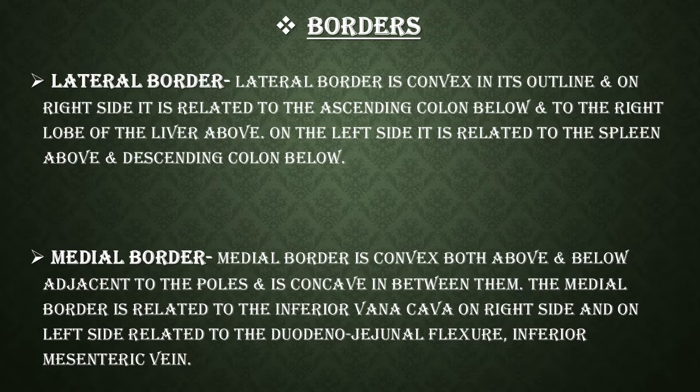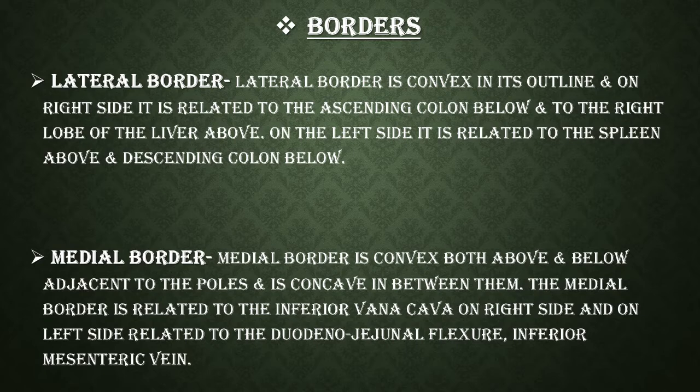Its lateral border is convex in its general outline, and on the right side it is related to the ascending colon below and to the right lobe of the liver above, from which it is separated by the peritoneum of the greater sac.